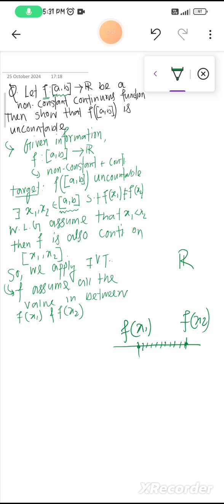So that is nothing but f of x1, x2, which is uncountable.